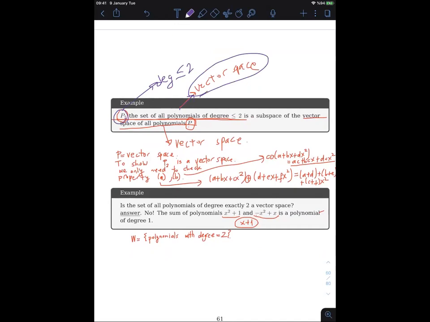All you have to do is check that the sum of two polynomials whose degree is less than or equal to 2 is also a polynomial whose degree is less than or equal to 2. This is the first thing you need to show. And the second thing is that any polynomial of degree less than or equal to 2, if you multiply it with a scalar, the result is a polynomial whose degree is less than or equal to 2. Both of these are kind of trivial.